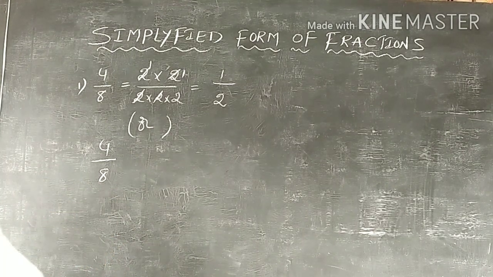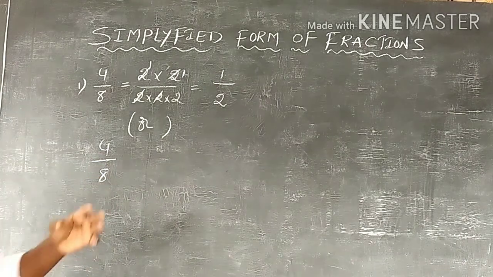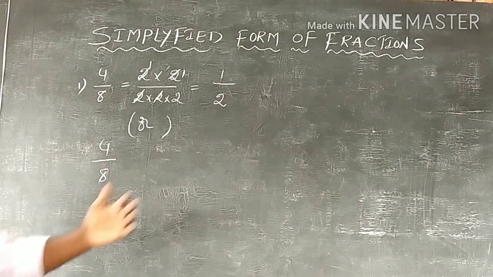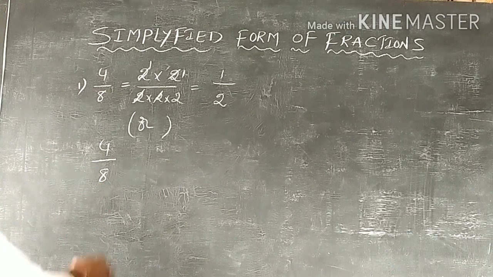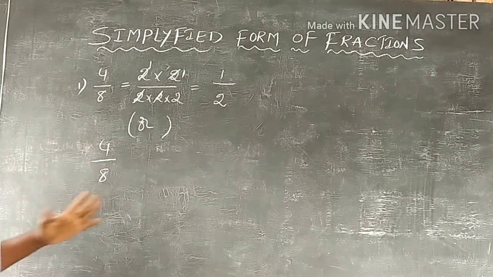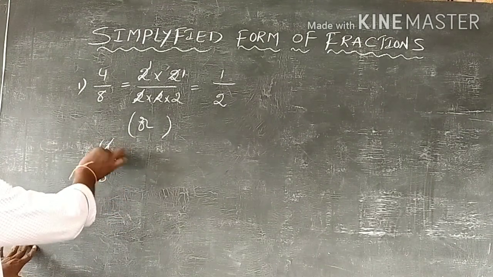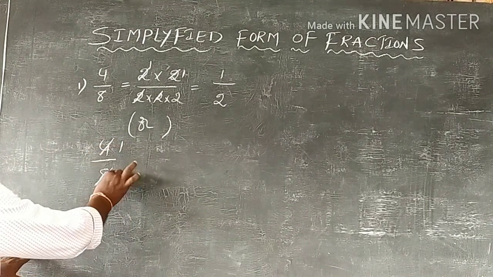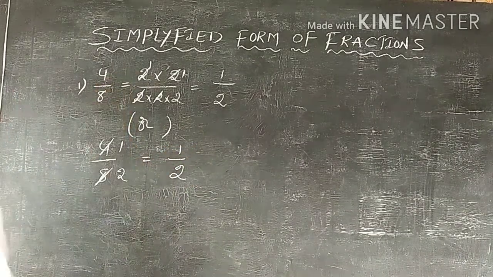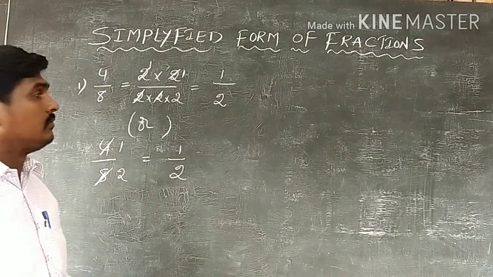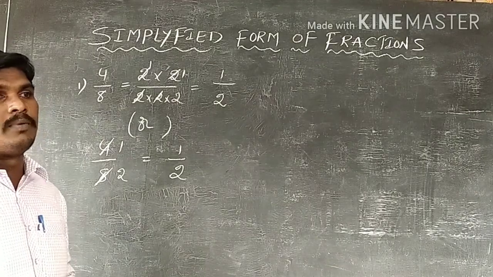Here 4 and 8 both have common factor 2, and not only that, both have common factor 4 also. In the 4 table, 4 will come and 8 also will come. That's why numerator and denominator cancel with the 4 table. 4 ones are 4, 4 twos are 8. So like this also we got 1 by 2. This is the method of simplifying fractions.